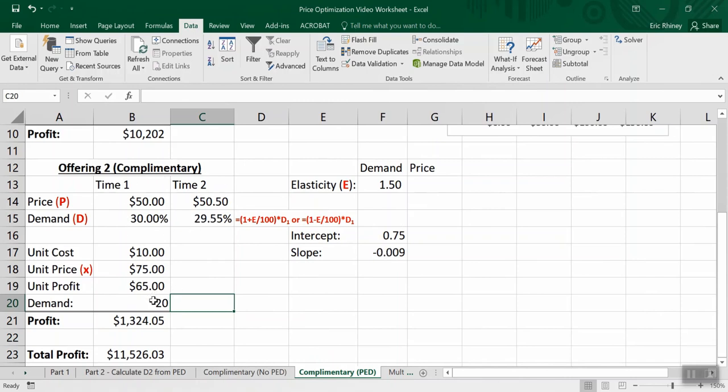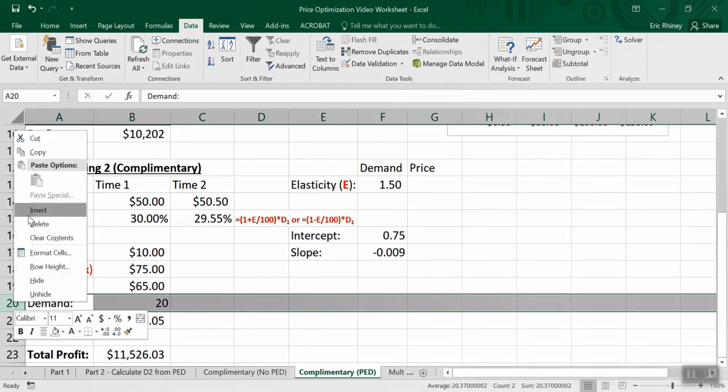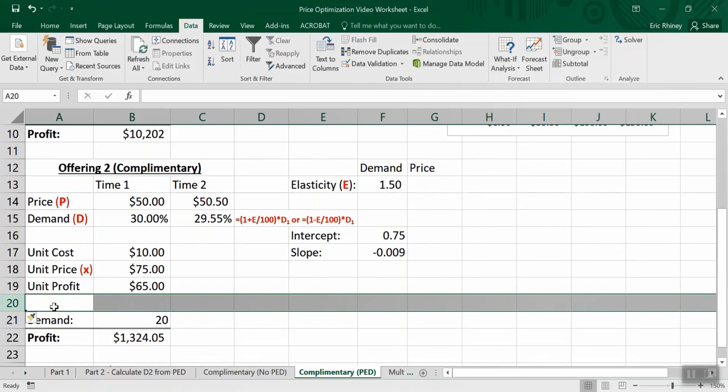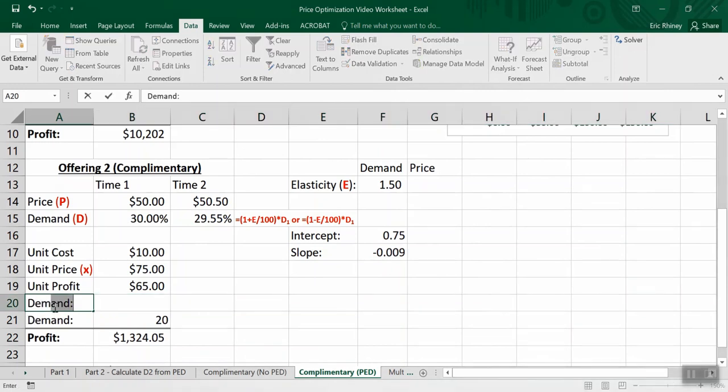It's not going to give us the actual demand. It's going to give us a percent of the demand. So I'm actually going to insert here and add demand percent, because this is going to be percent of demand that is derived from the first product.